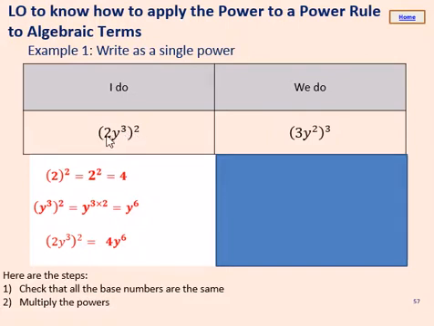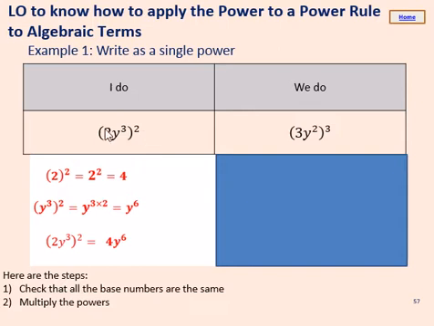So 2 to the power of 2 equals 4. y cubed to the power of 2, well, remember from our last lesson where we multiply the indices in examples like this, so y cubed to the power of 2 is equal to y to the power of 3 times 2, which equals y to the power 6. So then we've got 4y to the power of 6.